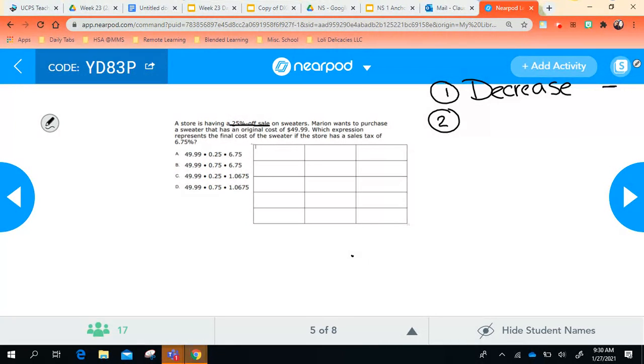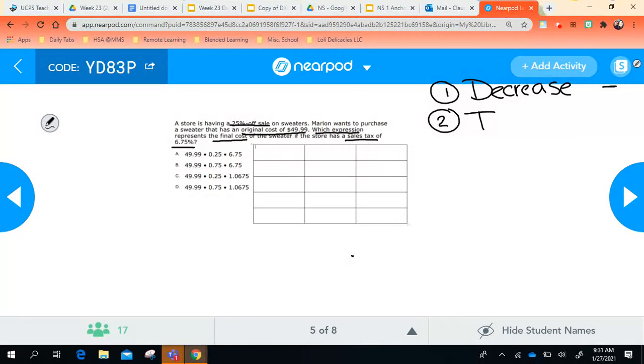Marion wants to purchase a sweater that was originally $49.99. Which expression represents the final cost of the sweater if the store also has a sales tax of 6.75%? Well, sales tax is an increase or decrease?